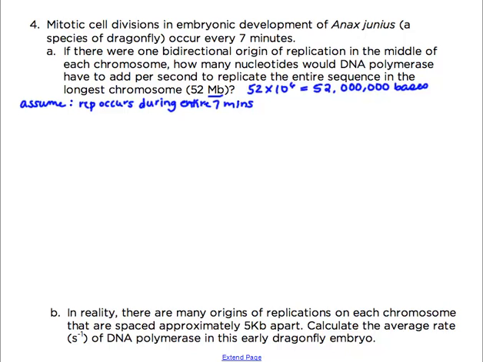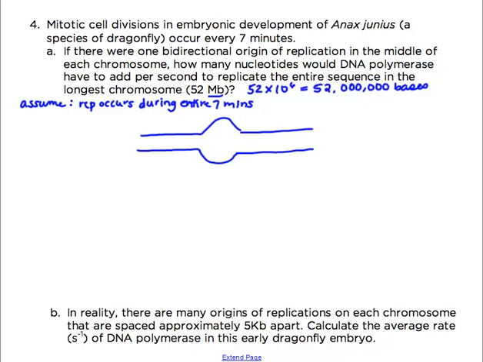So I'm going to draw that as a replication bubble. So you have this chromosome and you have one replication bubble in the middle. And it's saying that the entire length of this chromosome is 52 million bases long.